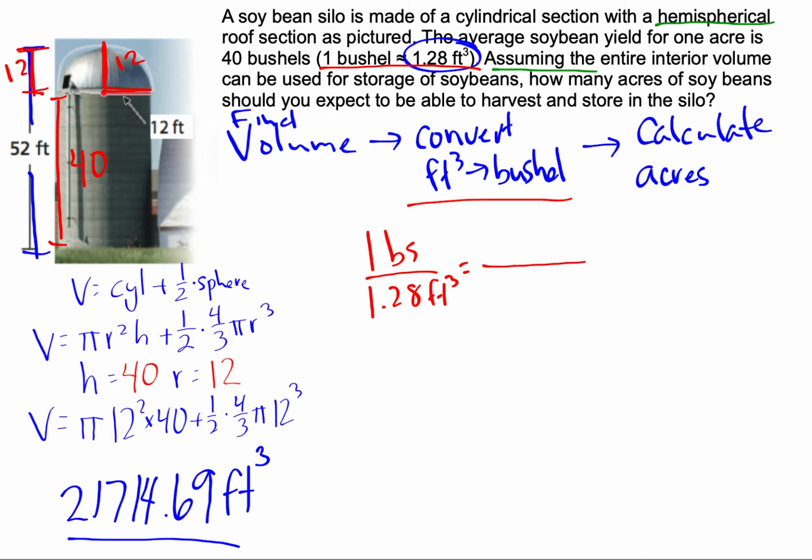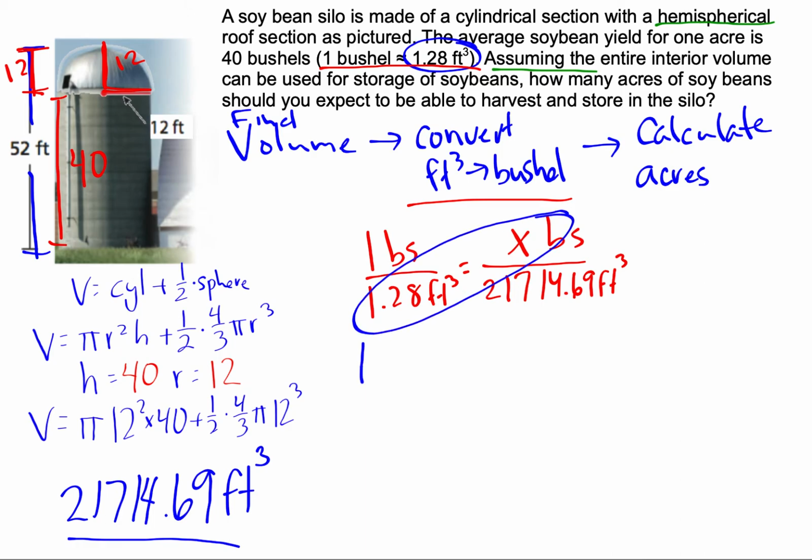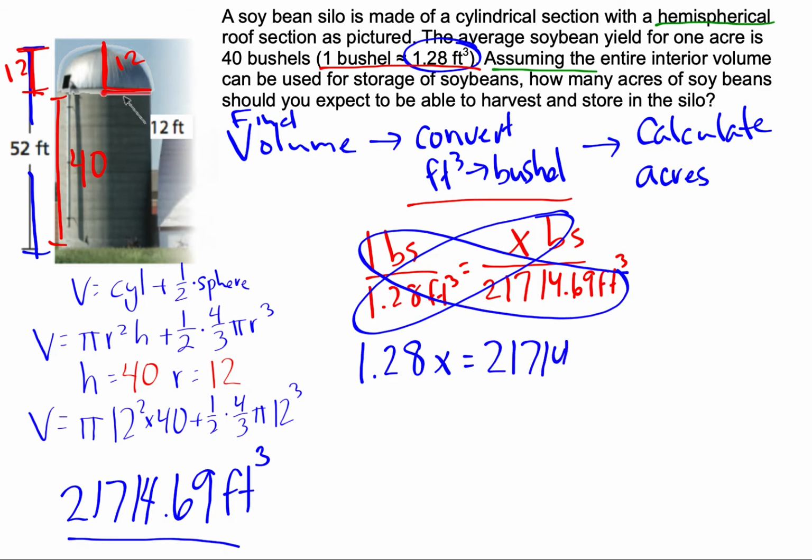And the information we have from the problem is 21,714.69 cubic feet, and we have X bushels. I'm not sure exactly what the abbreviation for bushels is. But we can continue on with this. It looks like what we end up having to do here is divide by 1.28. And if you already knew that that was going to be the case due to proportional reasoning, then by all means, take that shortcut.